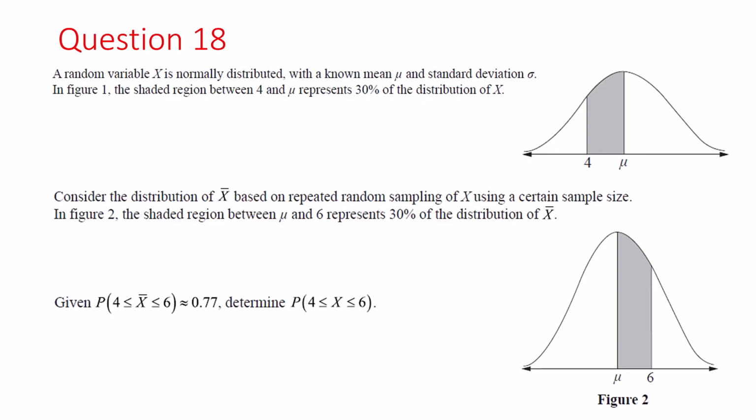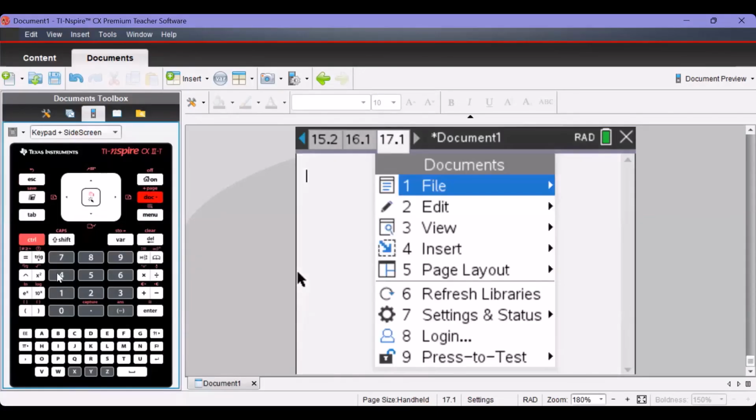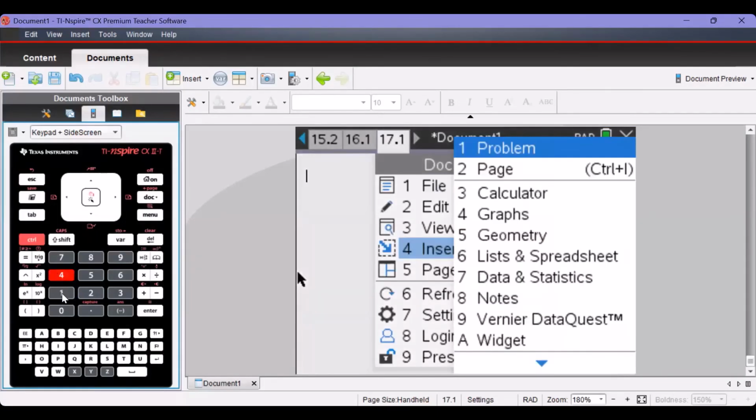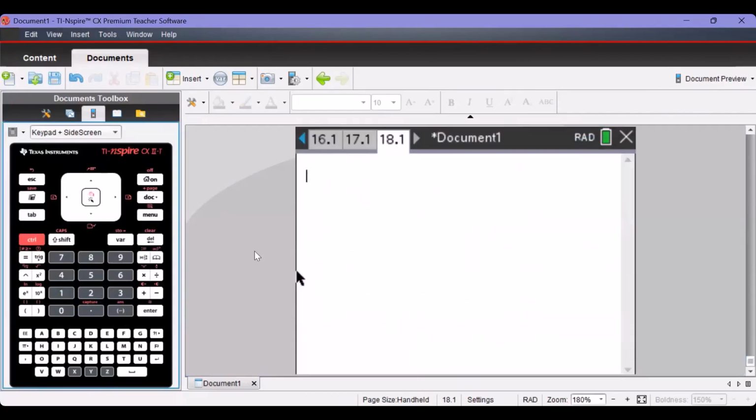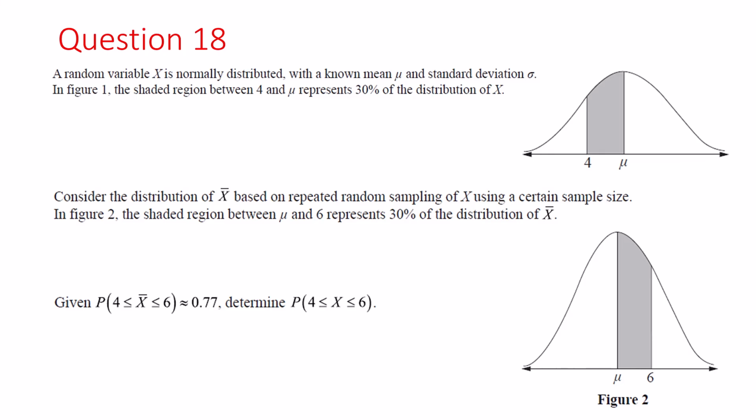Question 18, press doc, 4 for insert, 1 or enter to insert problem, and 1 or enter to add a calculator. So we need to form 3 equations here. From the first diagram, we can form the equation (4 - mu)/sigma is equal to the inverse normal of 0.2.